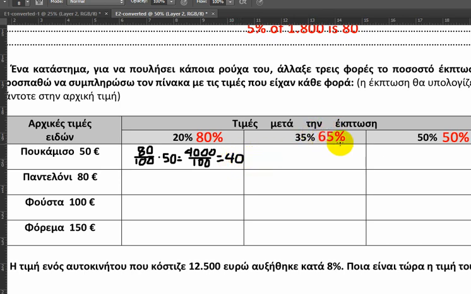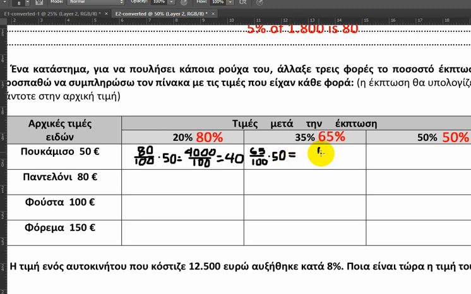Next up, we want to find 65% of 50. So 65 over 100 times 50. Okay. Now let's think about this.